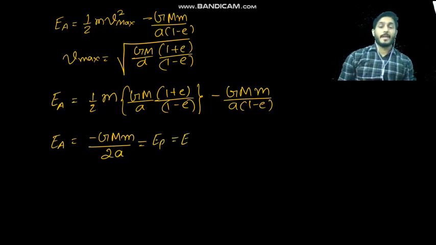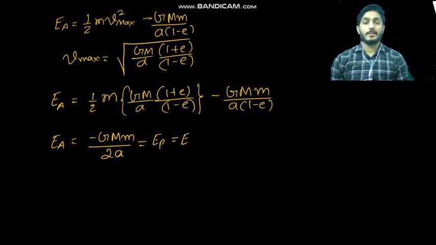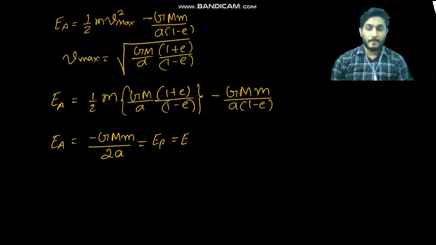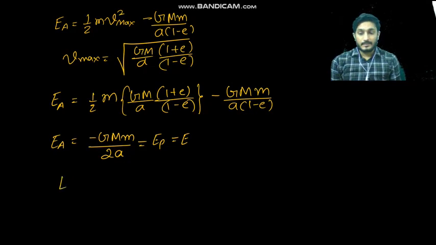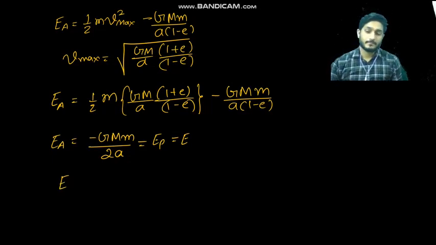It is the total mechanical energy of the planet, which is constant. So whether I calculate this energy at aphelion or perihelion or any other point, the energy of the system of Earth and Sun must remain constant. And see, it depends only upon the semi-major axis for a particular planet and sun. It does not depend upon the eccentricity. That is the fact I want to reiterate here.